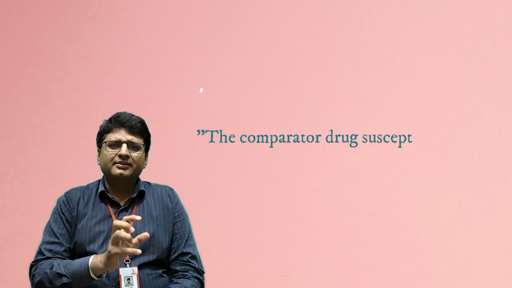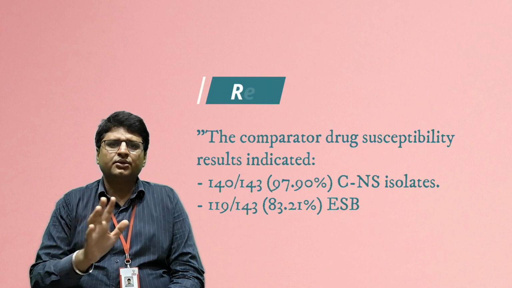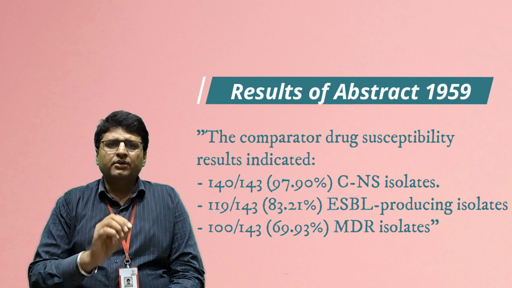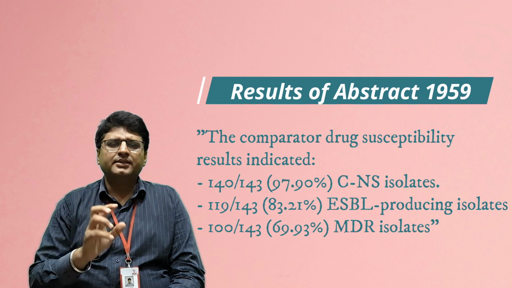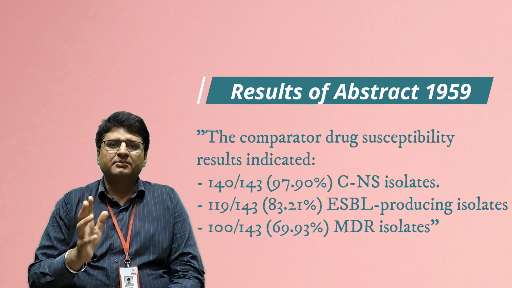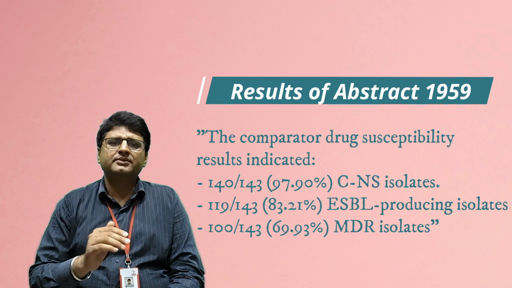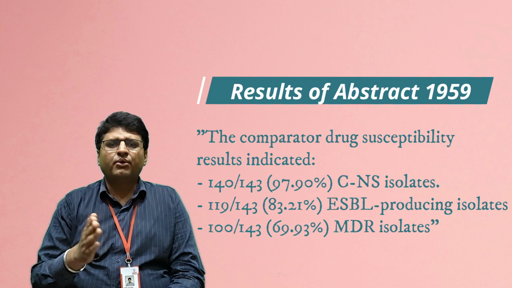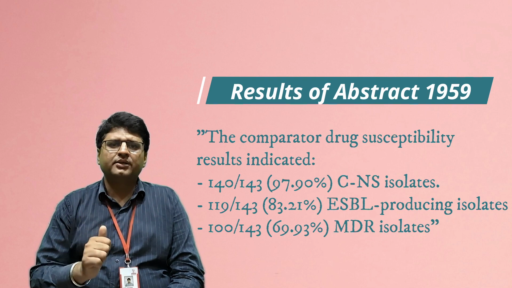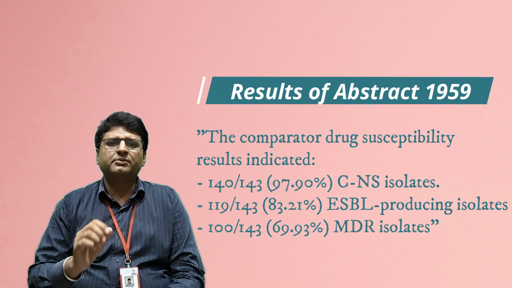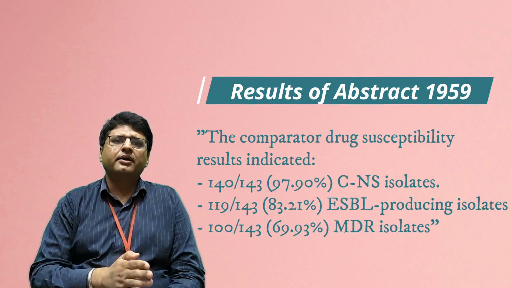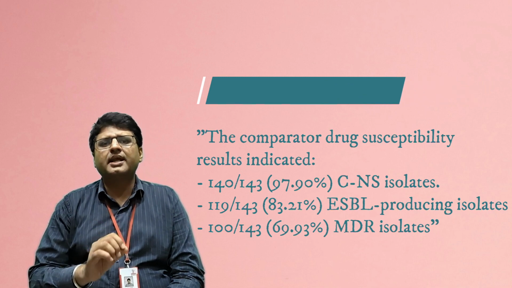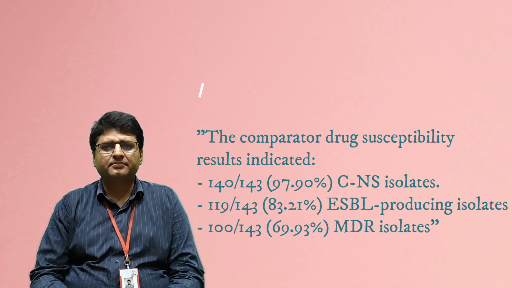The results of the susceptibilities of these comparator drugs indicated that 140 out of 143 isolates, that is more than 97%, were ceftriaxone non-susceptible. 119 out of these 143, around 83% of the isolates, were ESBL producing isolates, and 100 out of 143, approximately 70%, were MDR isolates in this study.